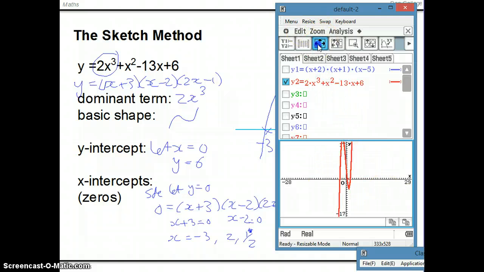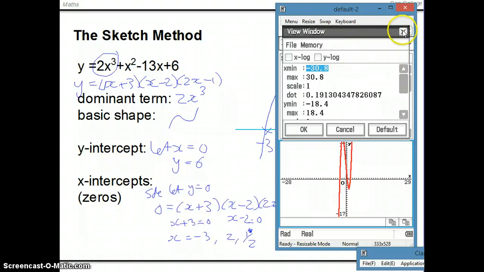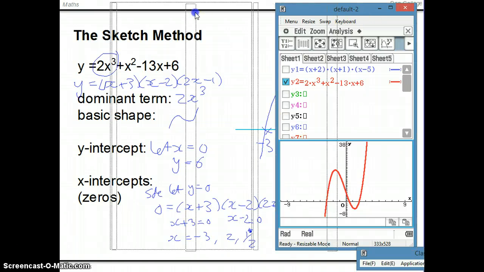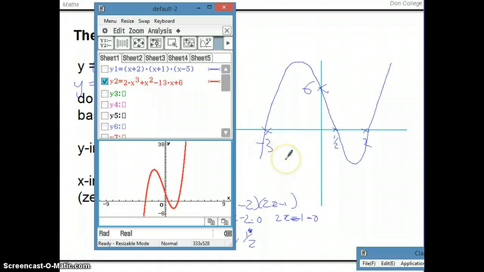Well, if we just go into the view window, let's just try -10 to 10, and yeah, -10 should do there, and we'll go up a little bit further, say to 40. There we go. So we can see that our graph actually is pretty close to that. It's not far off at all.